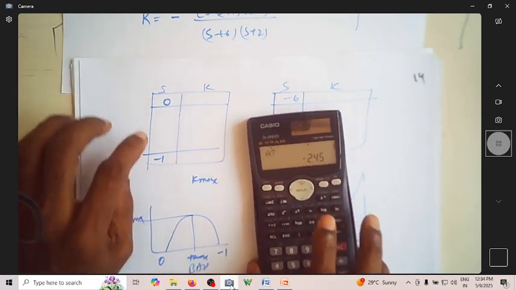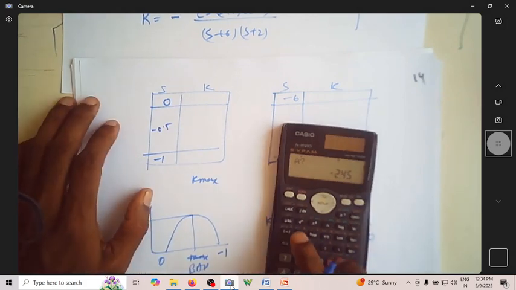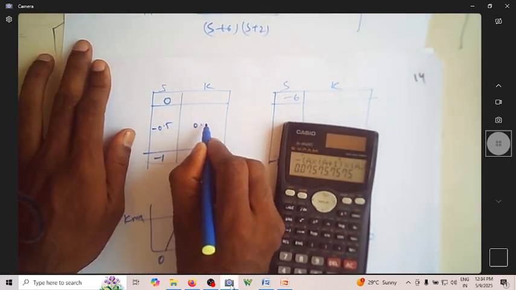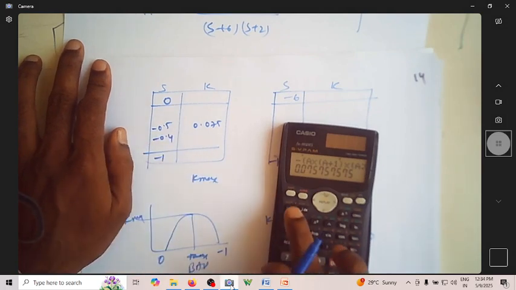Okay, calculate. Let me just do it for -0.5. Calculated for -0.5, it is 0.075. Let us do it at -0.4.